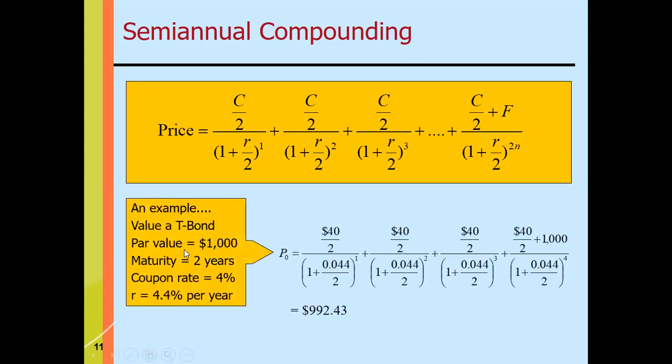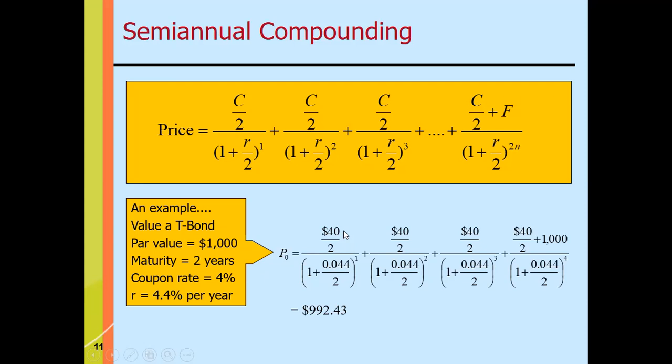And that's why, for example, for a T-bond with a par value of $1,000, maturity of 2 years, and a coupon rate of 4%, this would mean that to be able to compute the present value, we have $40 coming from $1,000 times 4%.